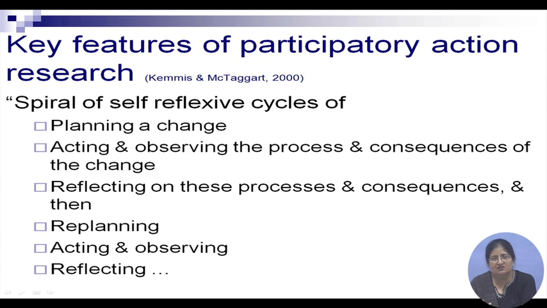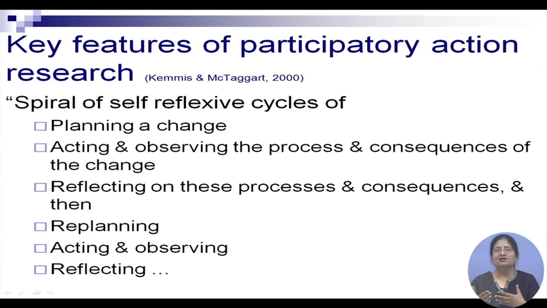So the stimulus comes from two things. The stimulus comes from the situation that requires a change. The stimulus also comes from within the researcher who wants to make a change, because there has to be a willingness, there has to be expertise, there has to be a need for change, and these two need to come together and be mapped together.